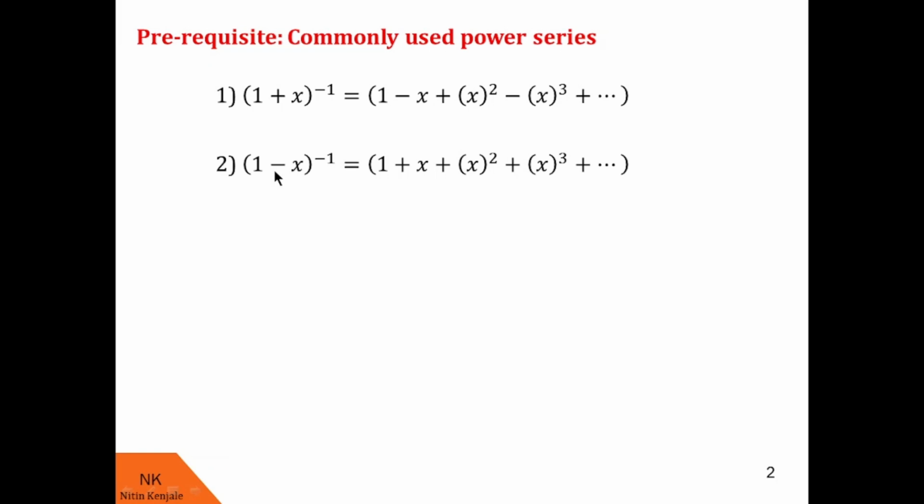Whenever you have a minus sign here, all the terms in this power series are positive, whereas when you have a plus sign here, the terms in the power series have alternating plus and minus signs. So that's easy to remember. Now we proceed with the technique.